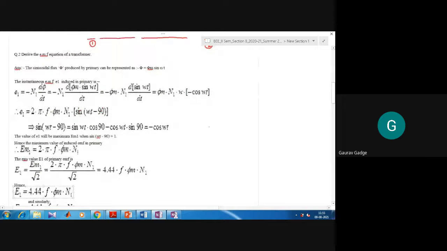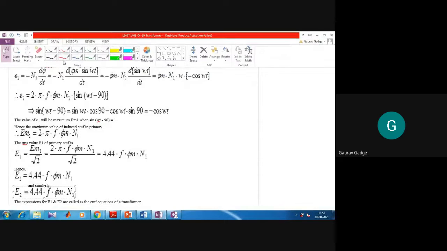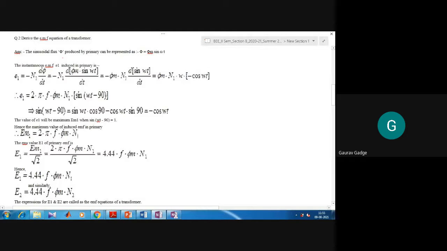Derive the EMF equation of transformer. Now to understand this derivation, which is in fact very simple, you just have to understand the simple instantaneous equation of flux. The instantaneous equation of flux is given by phi is equal to phi m sin omega t.